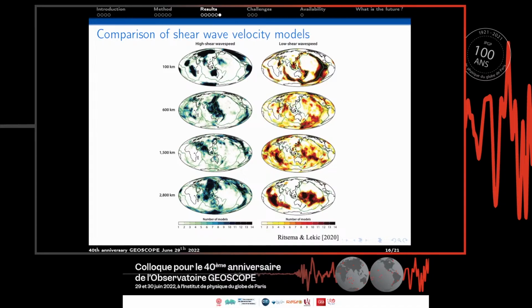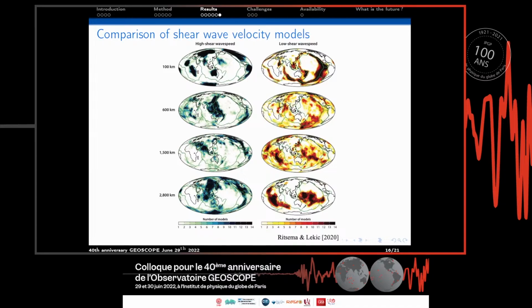And the tomographic models do not really agree on everything. But you see that the improvement of the tomographic models is tremendous. And again, it's thanks to the explosion of the data that are available, and also, of course, the computational power that has significantly increased.